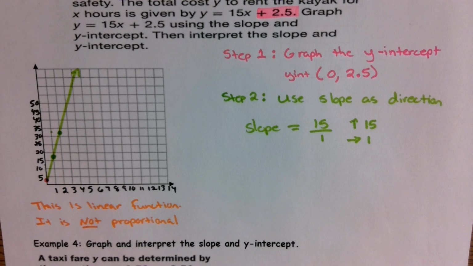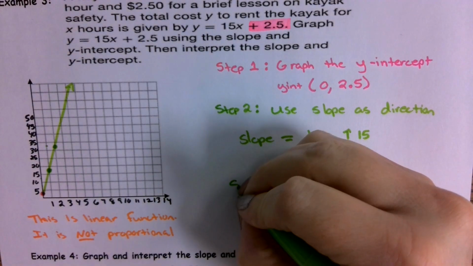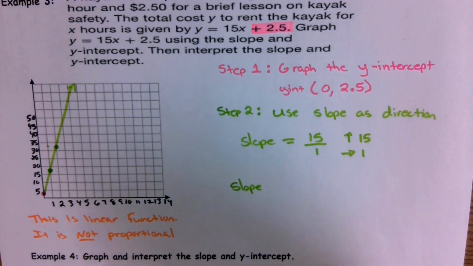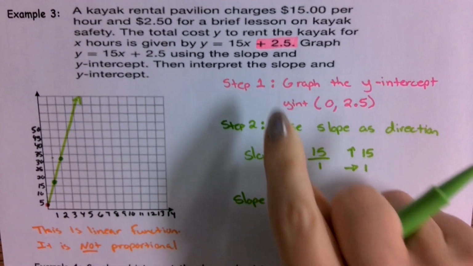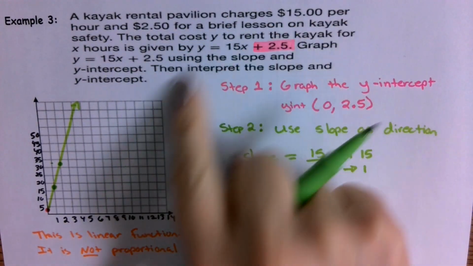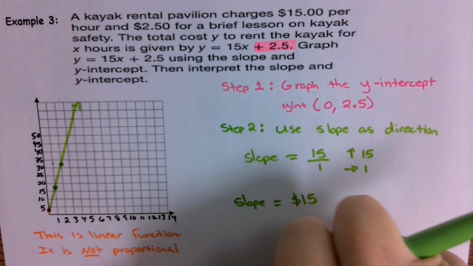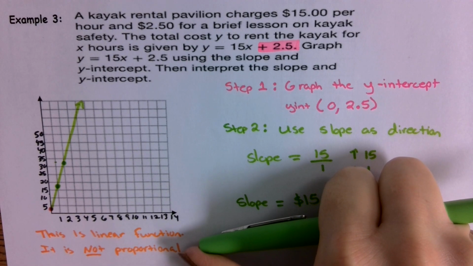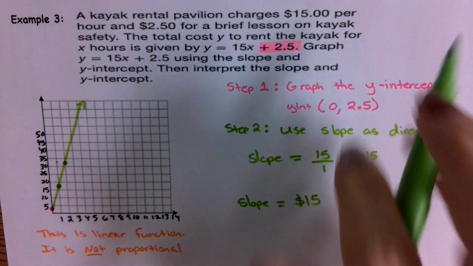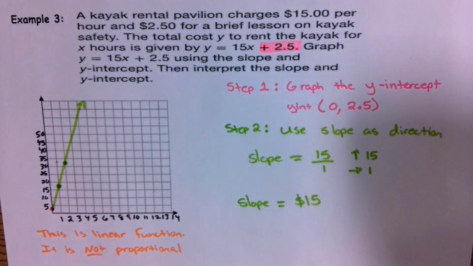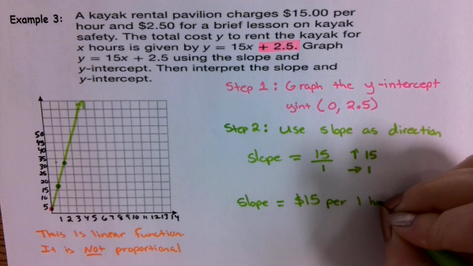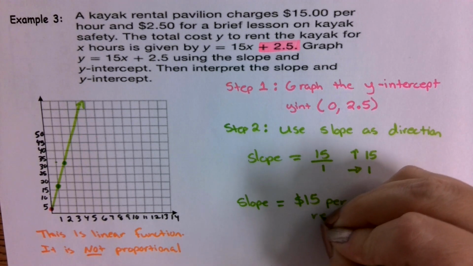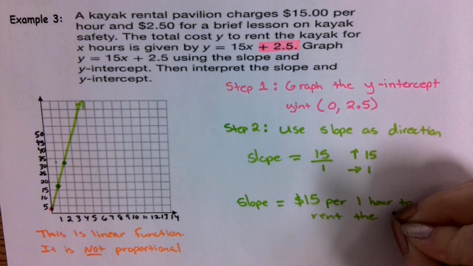Okay, now let's go ahead and identify what the slope and the y-intercept represent. So who can tell me the slope of 15, what does that stand for? What does the slope of $15 represent in this situation? Amy? How much they're charging per hour, right? It's a $15 charge per hour. $15 per 1 hour to rent the kayak.